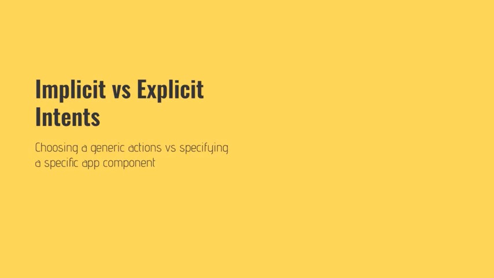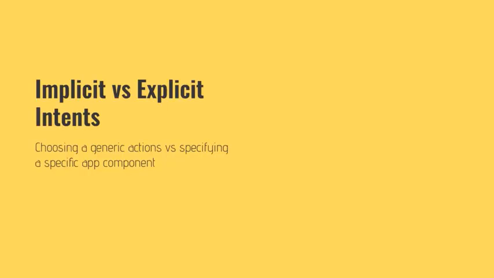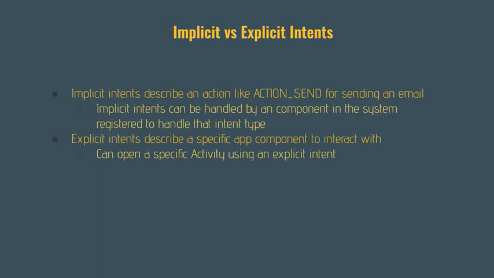Now there's two types of intents. The intents that we just saw, where we're specifying the action like view, dial, send, these are often what's known as implicit intents. But there's also an explicit intent, and we're going to talk about the difference there. Implicit intents describe an action, like action send for sending an email.